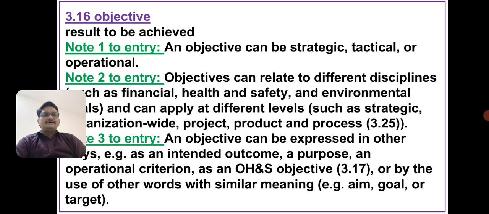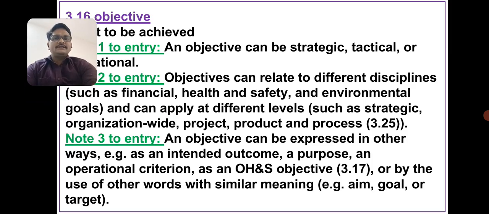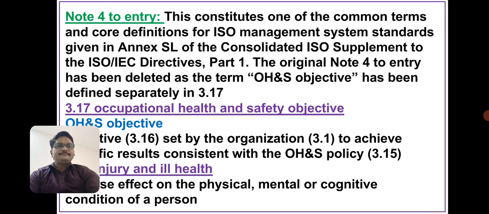Objectives can relate to different disciplines such as financial, health, safety and environmental, and can apply at different levels, such as strategic, project, product, process-related or organization-wide. Now next is occupational health and safety objective, that is OHS objective. An objective set by the organization to achieve a specific result consistent with the OHS policy.